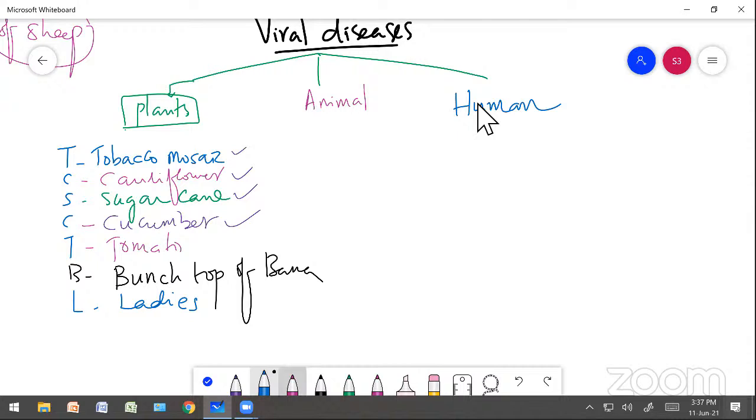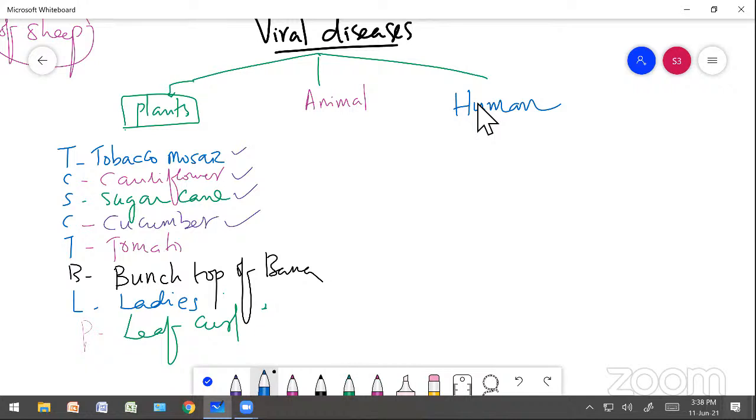The next one, in papaya, you can say leaf curl disease. Leaf curl disease. In potato, leaf roll disease, right? So, etcetera.